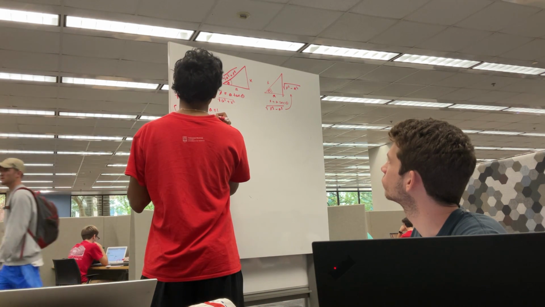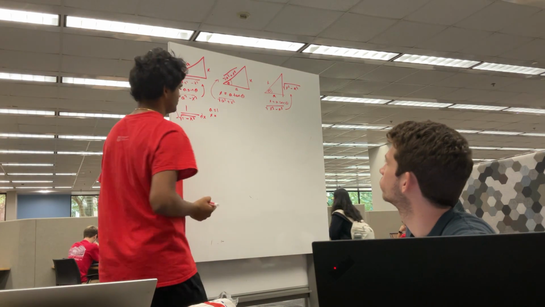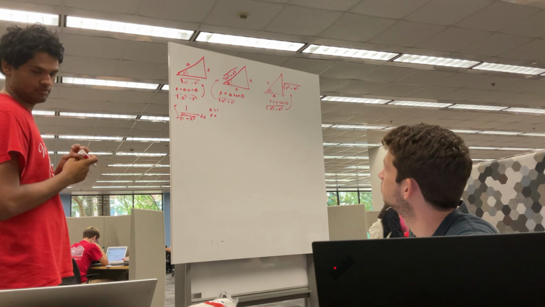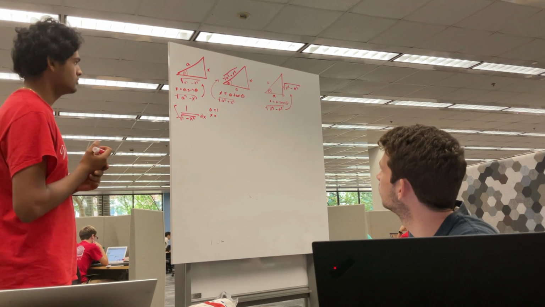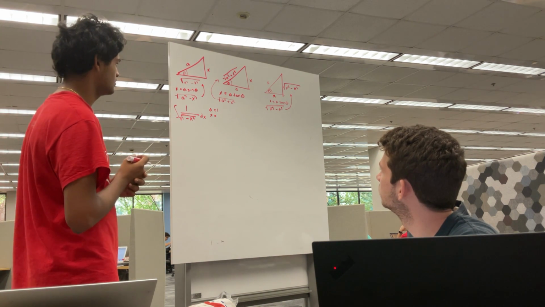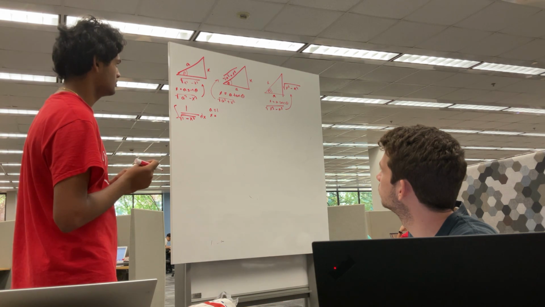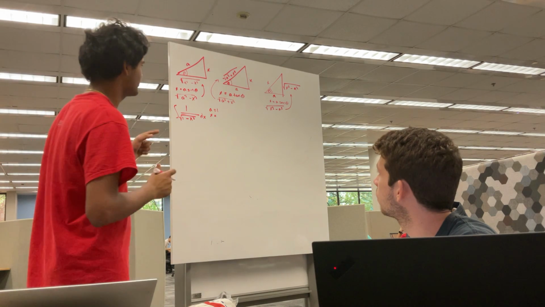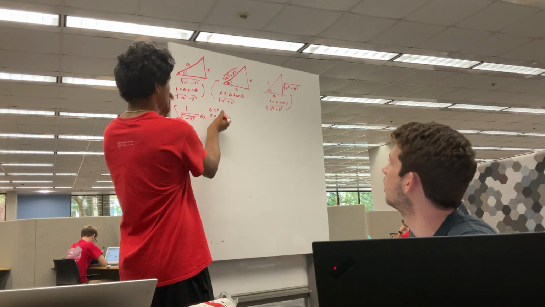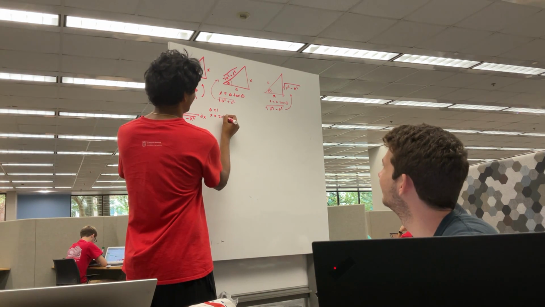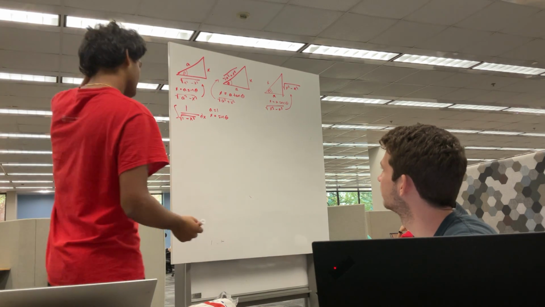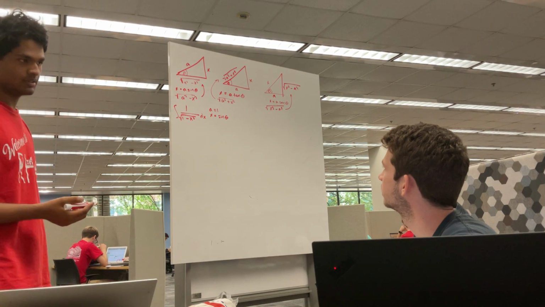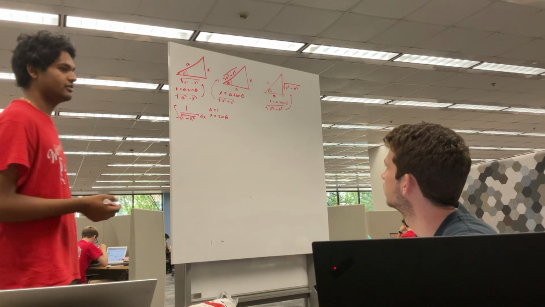And our x is equal to what? x is actually equal to a sine theta. So if a is 1, x is going to be equal to sine theta. Does that make sense?